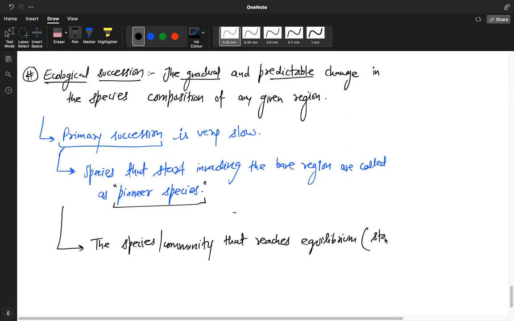Equilibrium is known as stability. That reaches equilibrium with their environment. So after one point of time, they reach a number where they stay stable. And that community is known as climax community. So remember the pioneer community and the climax species or community.